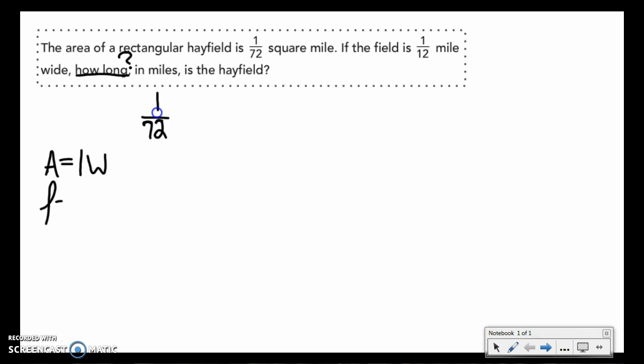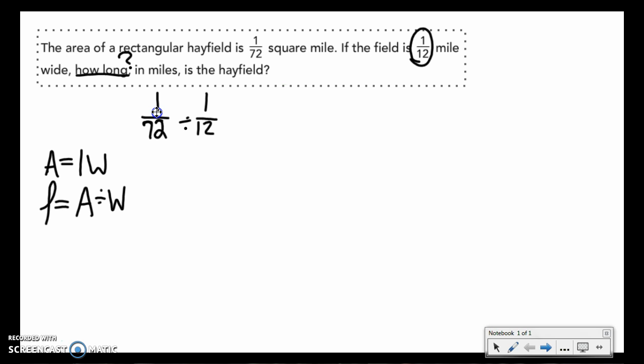So the length is going to be area divided by width. This will give us how long our field is. So we know that it is 1/12 of a mile wide.